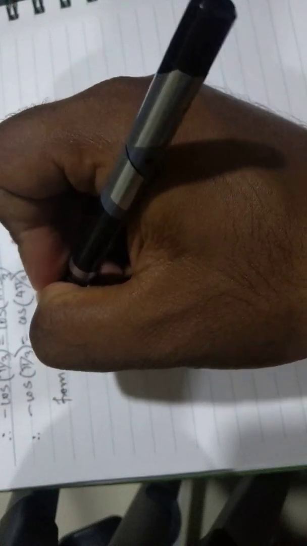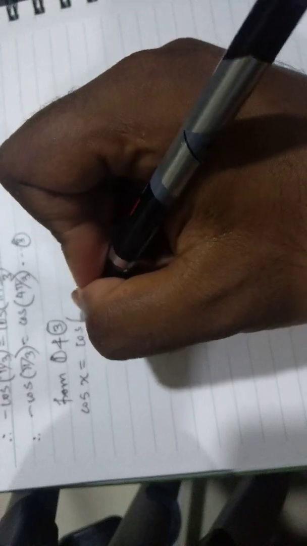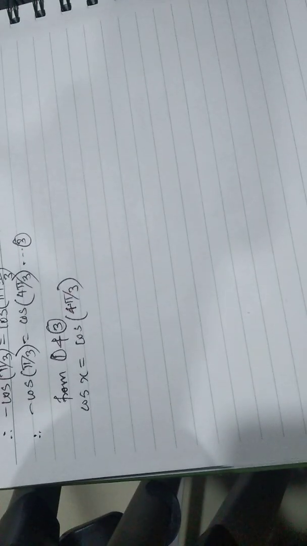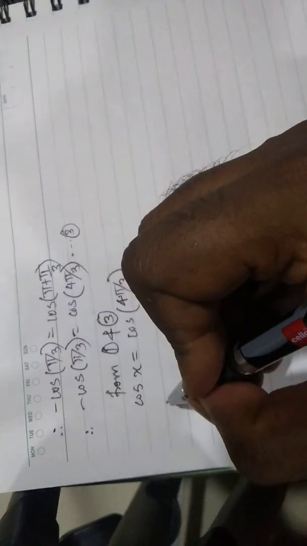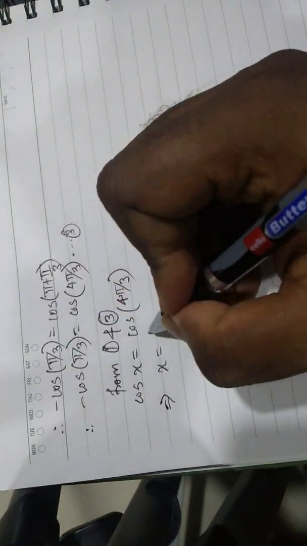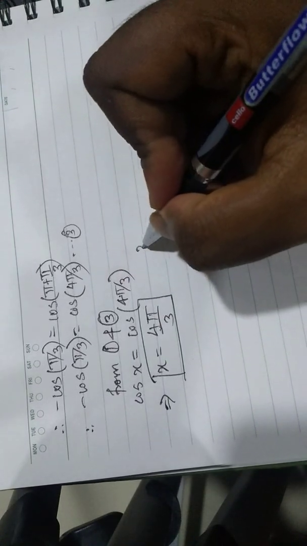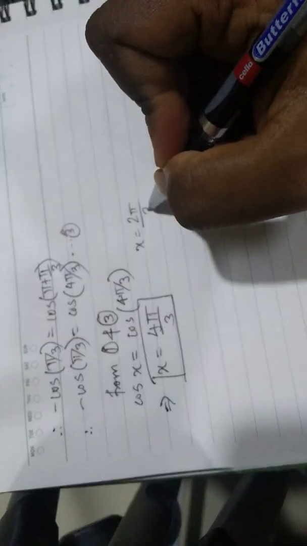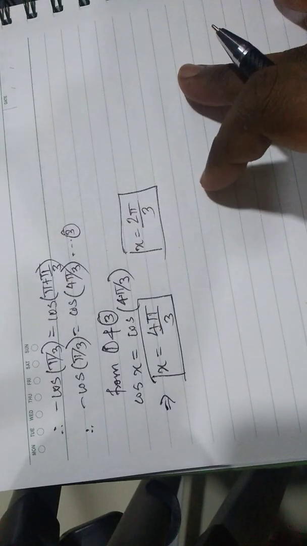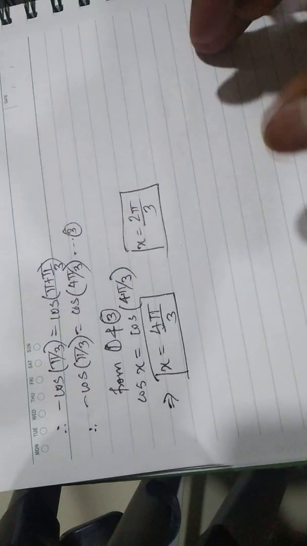So in your books you will find from 1 and 3, if I compare 1 and 3, I will get cos x equal to cos 4 pi by 3. So this implies x is equal to 4 pi by 3. So I got my two solutions. The other solution was 2 pi by 3. Okay, so I hope you understood how to deal with the negative values as well.